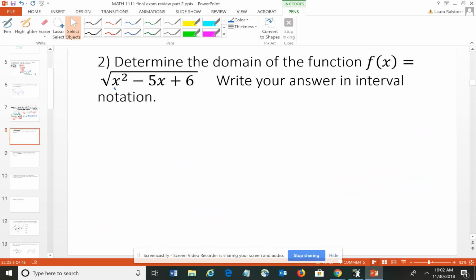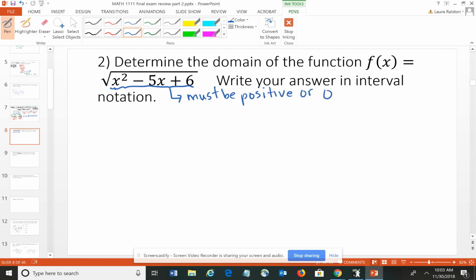The next question says, determine the domain of the function f of x equals the square root of x squared minus 5x plus 6, and to write your answer in interval notation. Again, one of the first things I notice about this particular function is that it involves a radical, and I know that when I have a radical, the expression underneath has to be positive, or it could be 0.